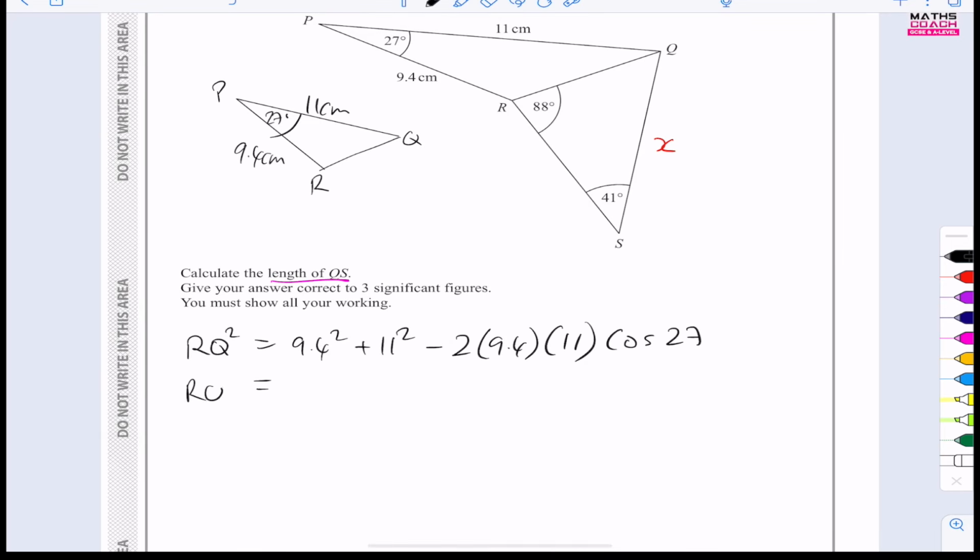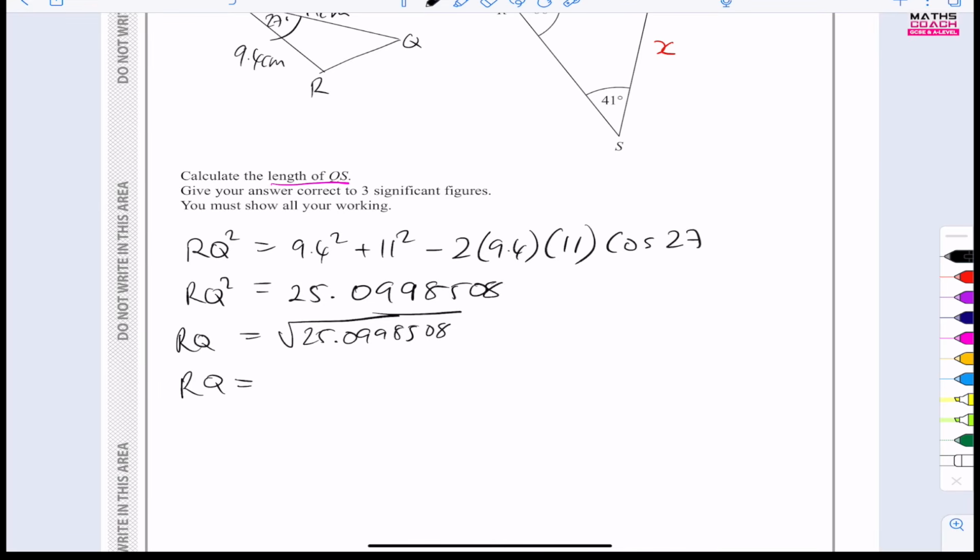RQ squared is going to be 25.0998508. Square root the answer. So RQ is equal to the square root of 25.0998508, and RQ is equal to 5.00997 dot dot dot. That's practically 5 centimeters.